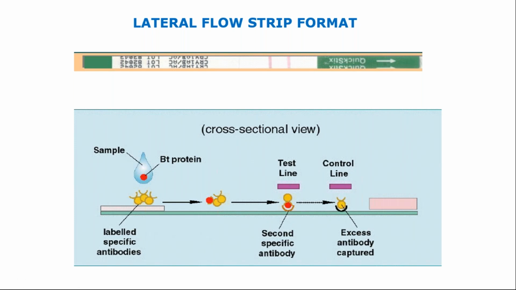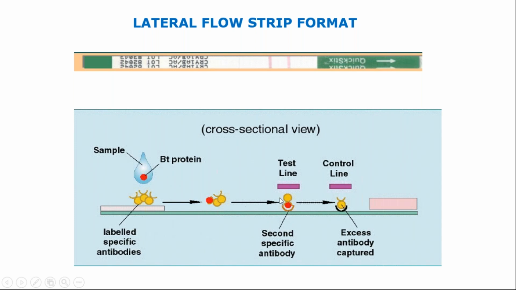So the Bt protein which is bound to the antibody will move along the lateral flow strip along with the unlabeled antibodies, that means antibodies to which Bt has not bound.